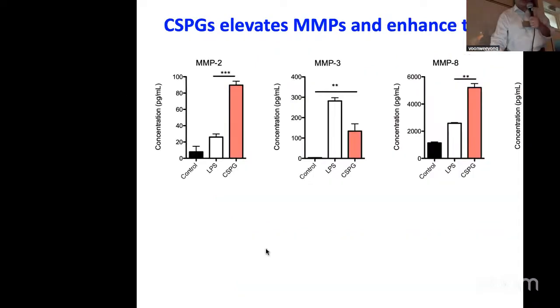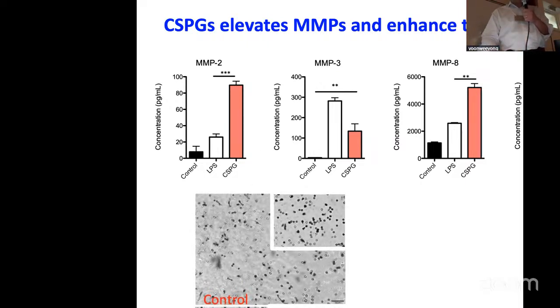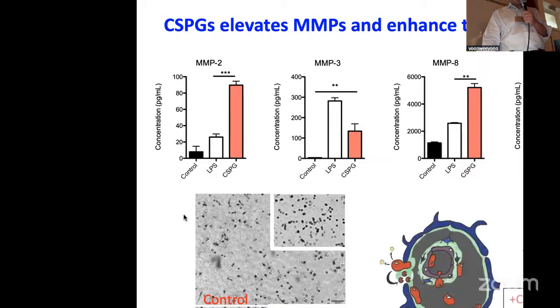And indeed, by addressing that, we find that the CSPGs in tissue culture are very potent inducers of a number of matrix metalloproteinases, enzymes that are important for trafficking of cells into the central nervous system. And for some of these MMP members, the CSPGs are even more potent than LPS. And so when you do a transmigration assay in tissue culture, where you ask immune cells to migrate from one area to the next, and you add CSPG to the mix, you find that there is increased transmigration of immune cells.